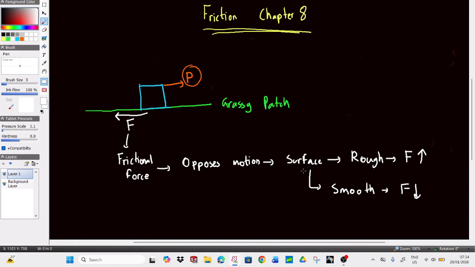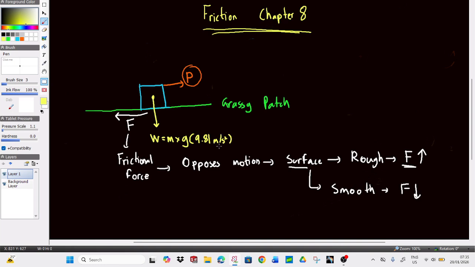And how do we know whether the surface is related to the frictional force? This is also something you've learned in high school. Our box of course has a mass, and if something has mass, it will also have weight, because weight is mass times g, gravitational acceleration, and g is 9.81 meters per second squared for the case of Earth.